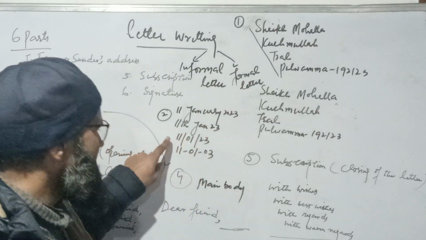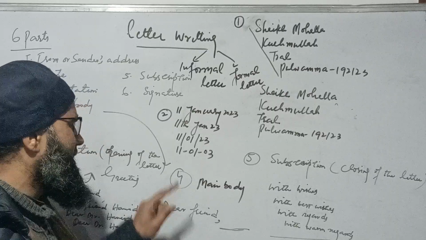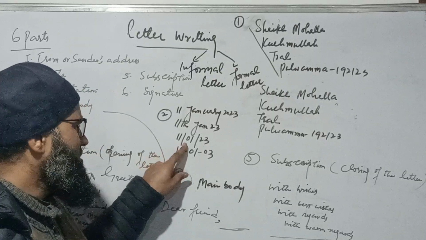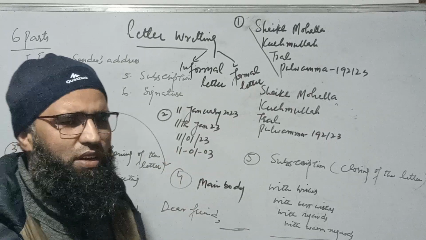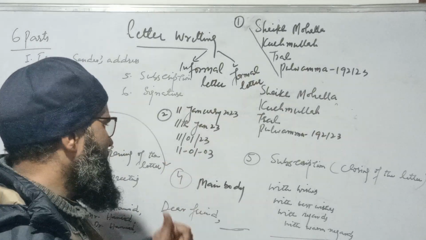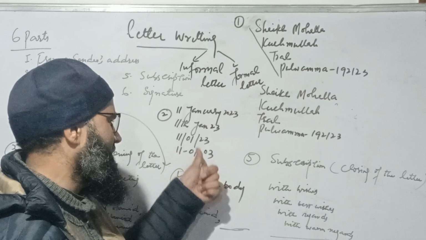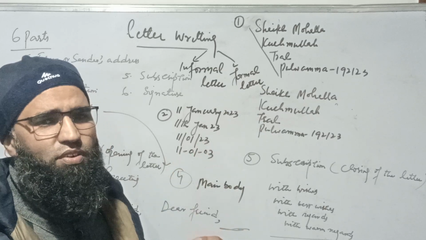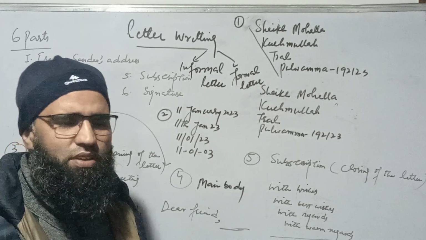After that, there is another type of date which can be written in the informal letter, that is 11/01/23. In between you have to put an oblique. And the fourth one is 11-01-23. So there are four different formats of the date you can write in the informal letter.